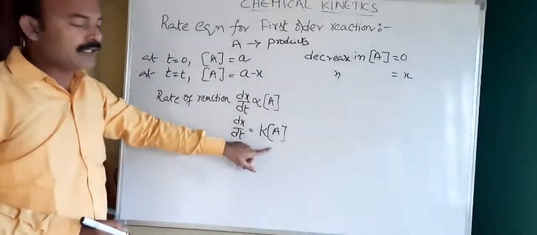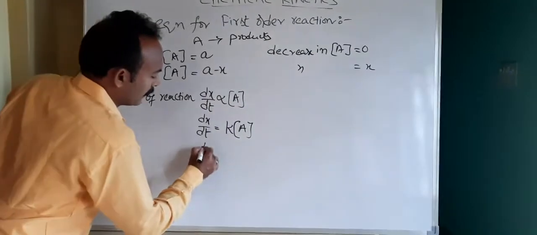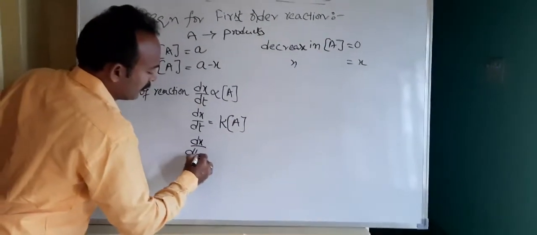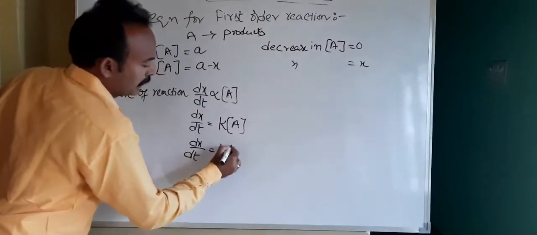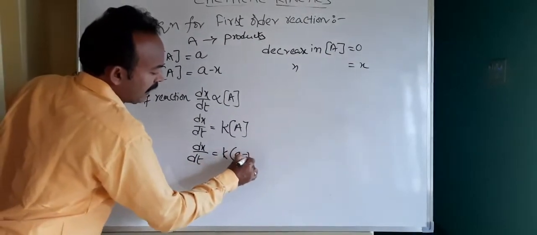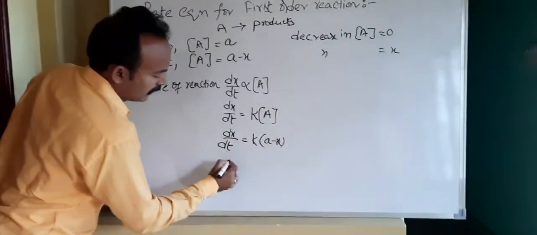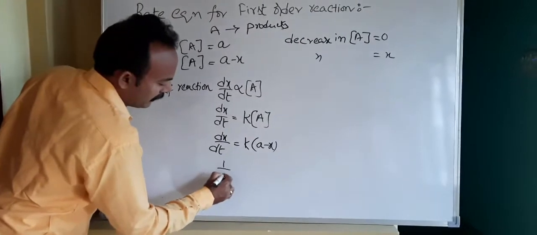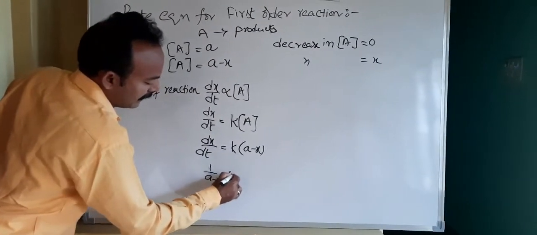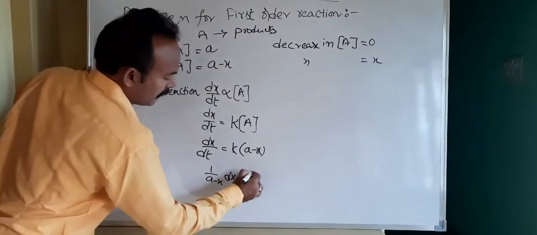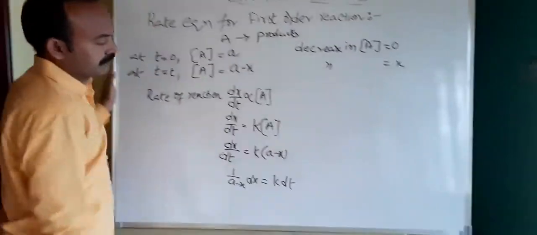Then substitute the value of A. So dx by dt is equal to k into (a minus x). That is, 1 by (a minus x) dx is equal to k into dt.